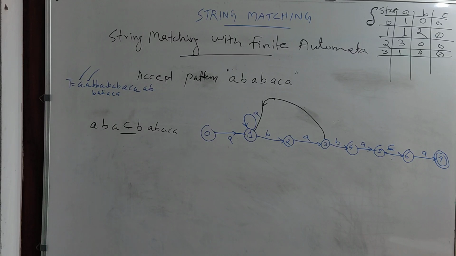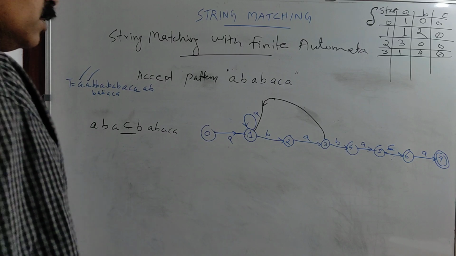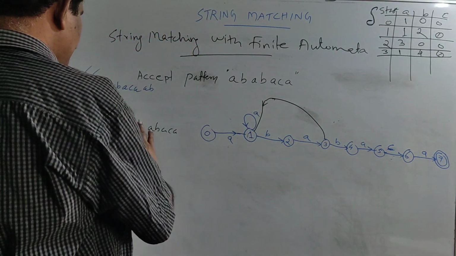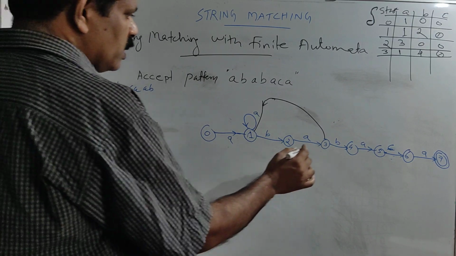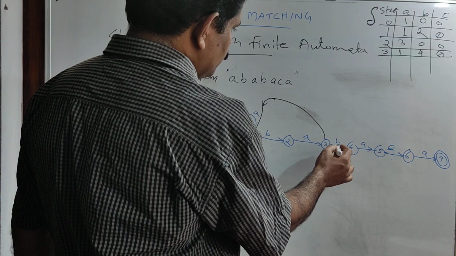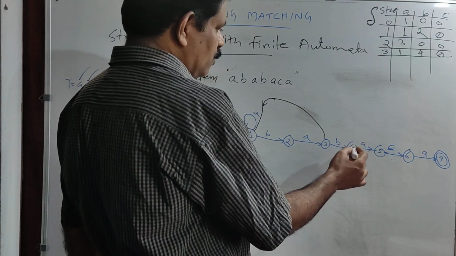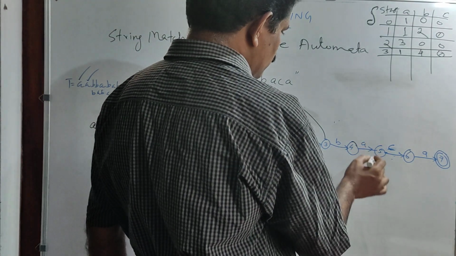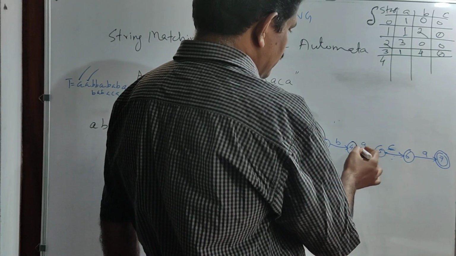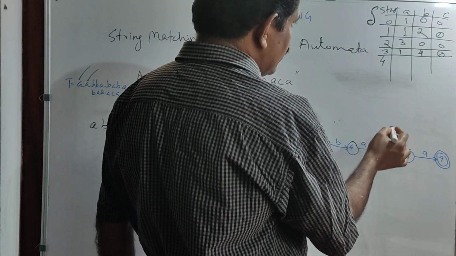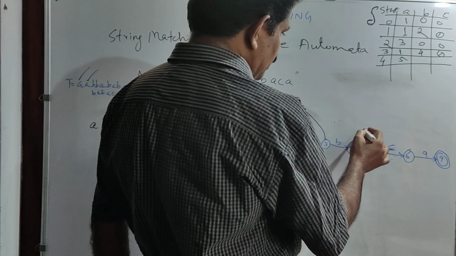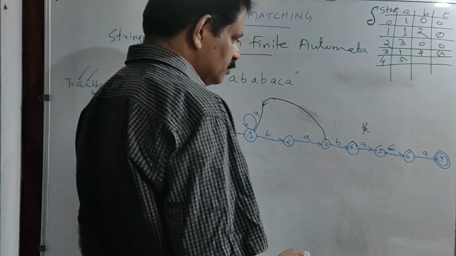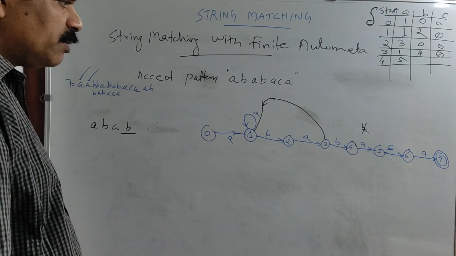Okay. Then on getting a B, from 3 it will move to 4. Then what about 4? On getting an A, it can move to stage 5. What about B or C?